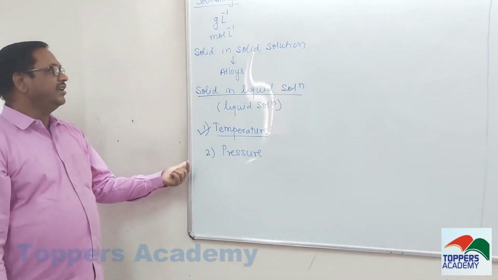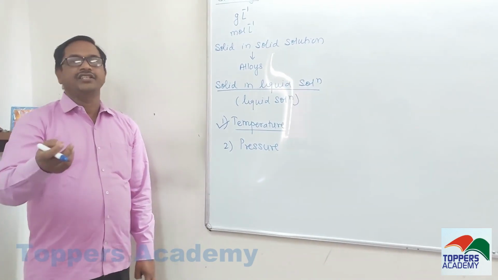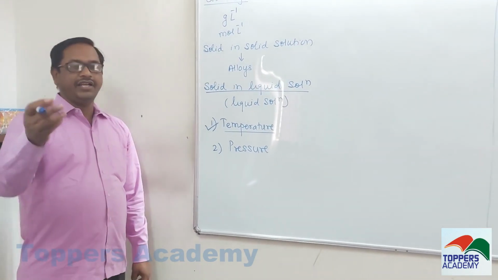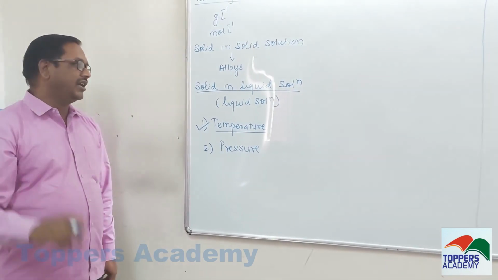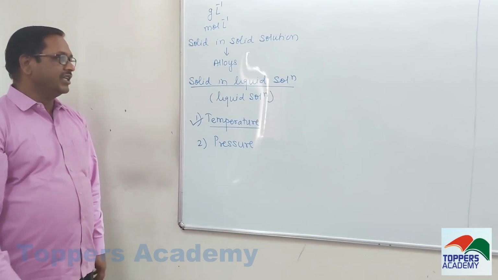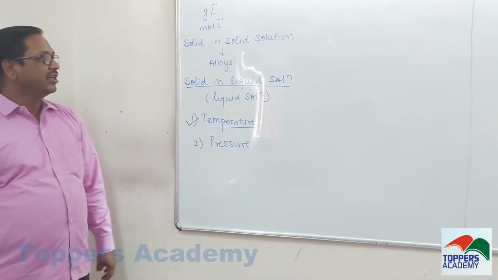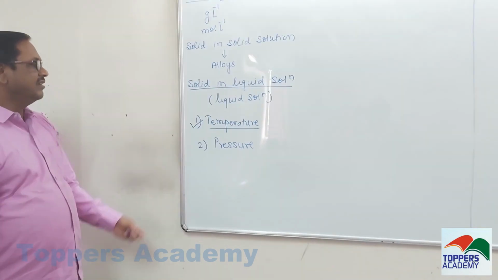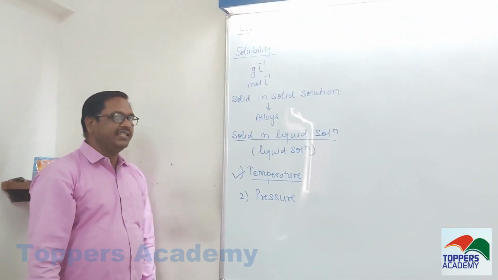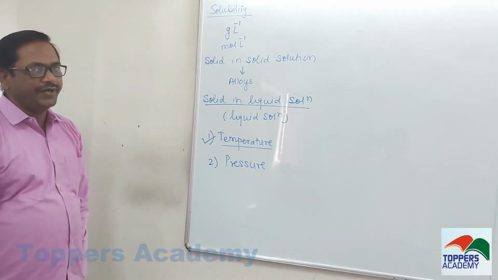For example, sodium chloride, potassium chloride, magnesium chloride, calcium carbonate. When these substances are dissolved in water and temperature increases, the solubility goes on increasing. This is the effect of temperature on solubility of solid in liquid.